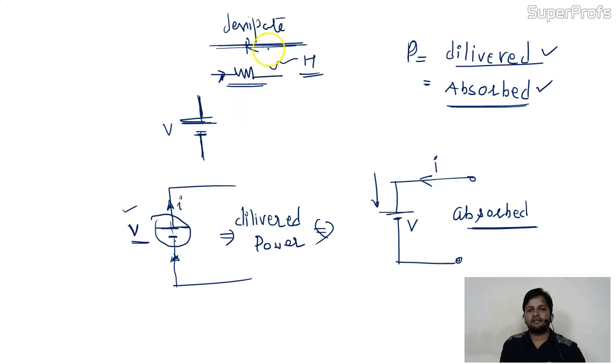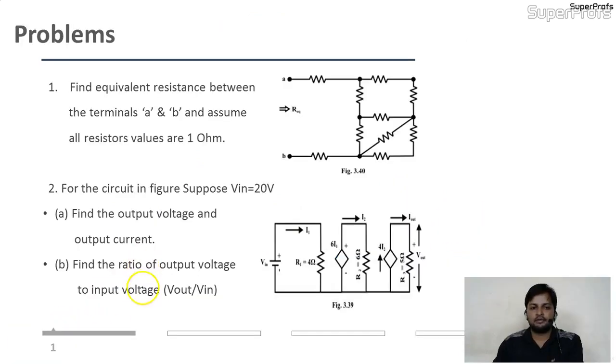So all elements only dissipate the energy, or we can say absorb the energy. They are the energy absorbers and the sources are energy providers. But in this condition only the source is the energy provider. In this condition the source is an absorber. Okay. Come to the problems now.